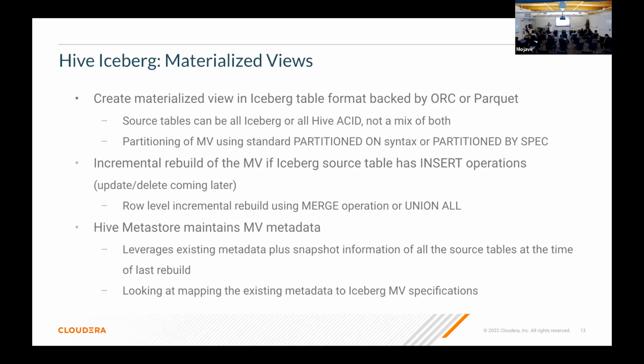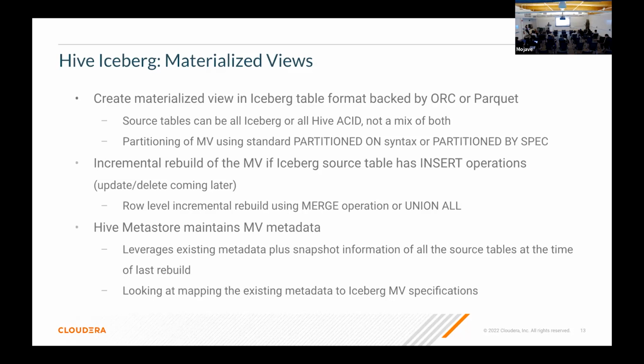But let's say your base data is changing. You want the materialized views to be maintained. And we can do that maintenance either through a full rebuild, or we can do it through an incremental rebuild process. And I'll do a quick demo about that. We are basically maintaining the mapping of the snapshots from the base table, to see which snapshot the materialized view was created from.